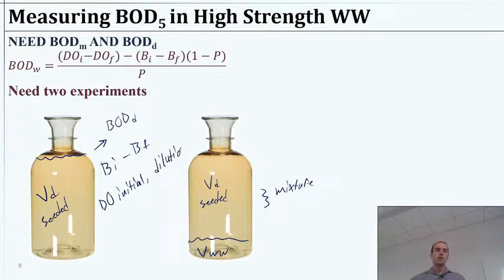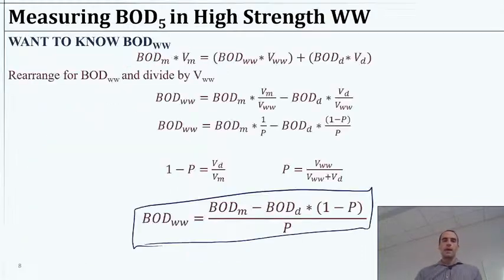It's another equation that you're welcome to use, but you don't really have to use. If the B's are confusing, just skip back to this equation and say, I'm just going to find the BOD for the dilution, figure out what that means, and go from there. Because what you'll notice is this is exactly the same equation.